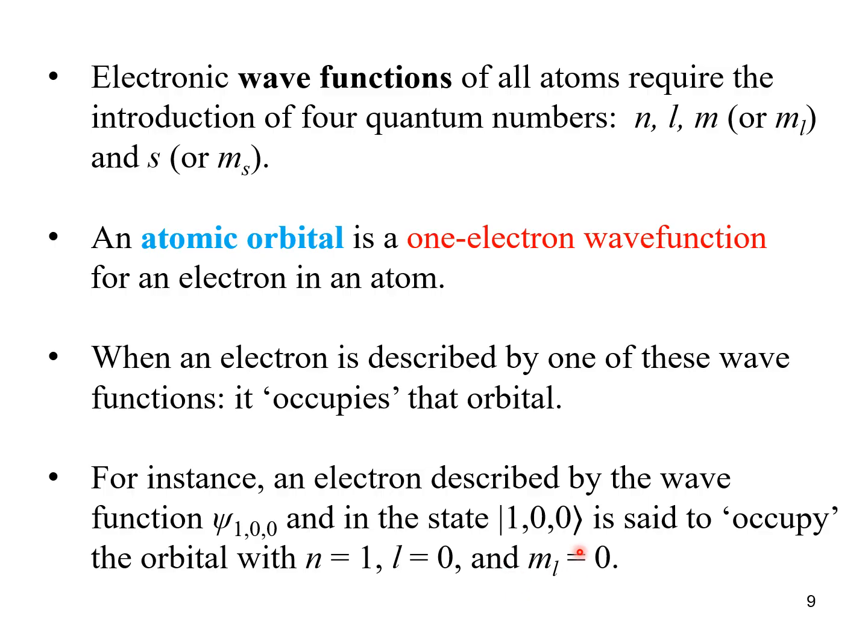For example, if an electron is described by the wave function psi subscript 1,0,0, it is said that the electron occupies this orbital, where the quantum numbers are n equals 1, l equals 0, and ml equals 0.